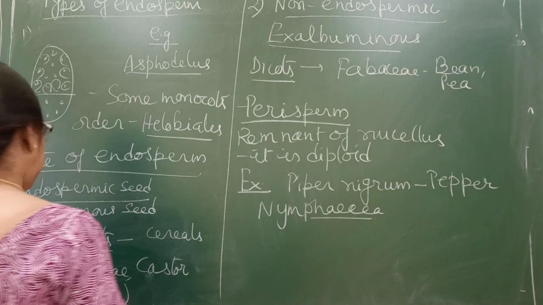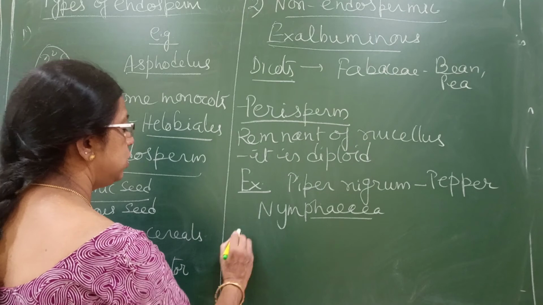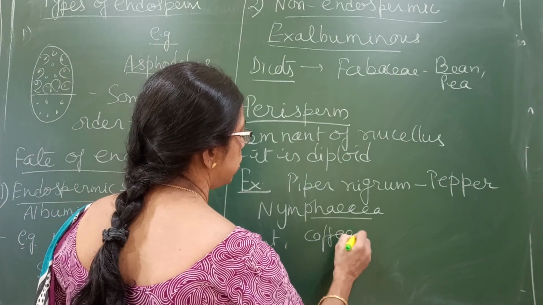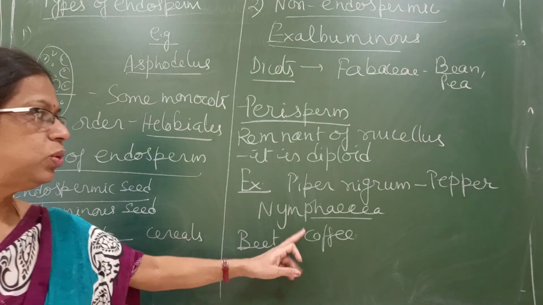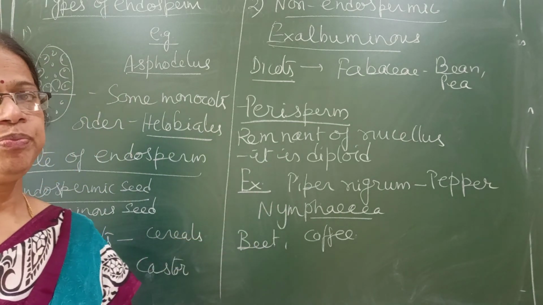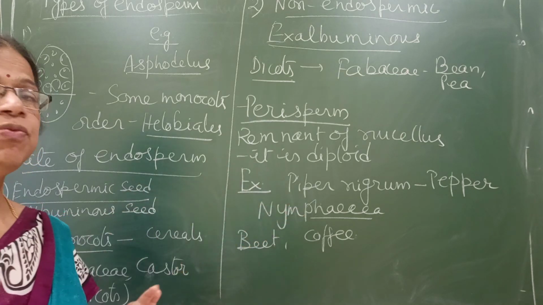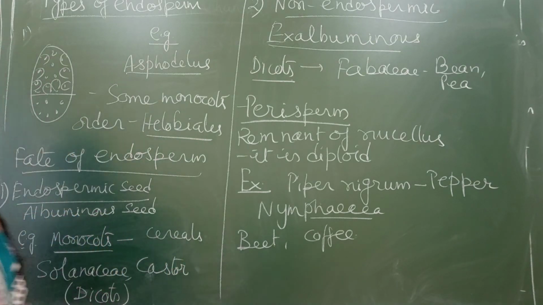And other examples are coffee and beetroot. All these also contain perisperm. The food material is stored in the perisperm. In Piper nigrum we find both perisperm as well as endosperm. Both are present.